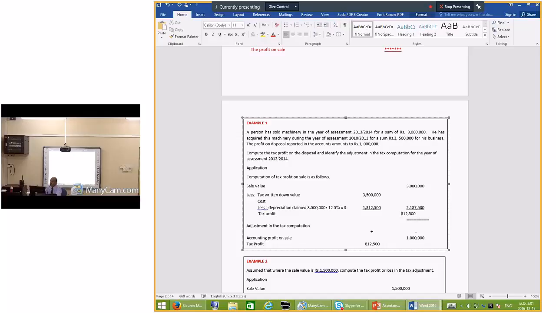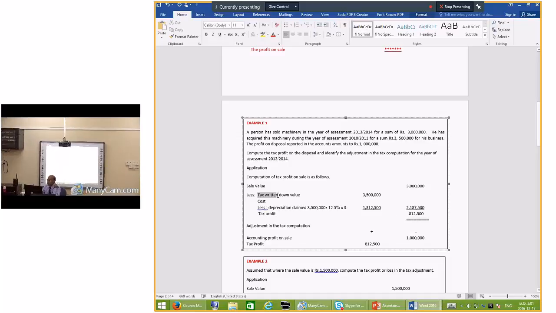Then the depreciation claim of this one. In that way if you compute the profit, it comes to 812,500. This is the formula: depreciation claim, allowances, with the cost of 3.5 million and the tax return value.